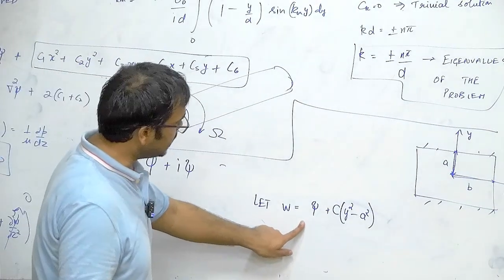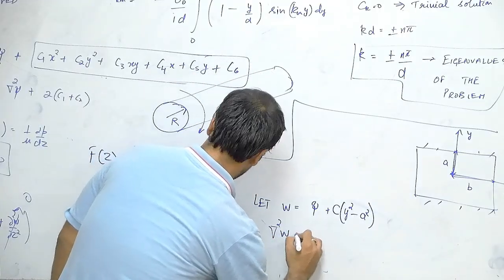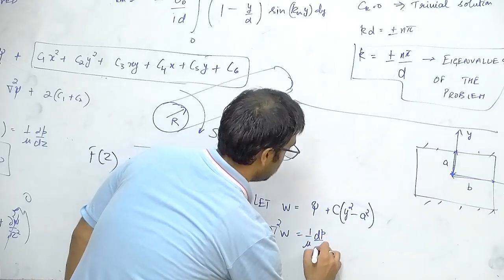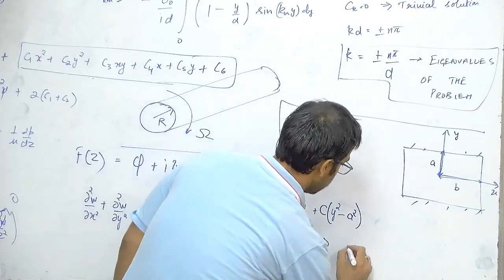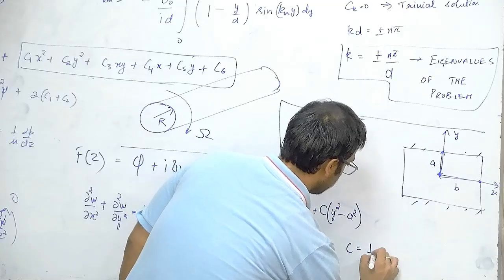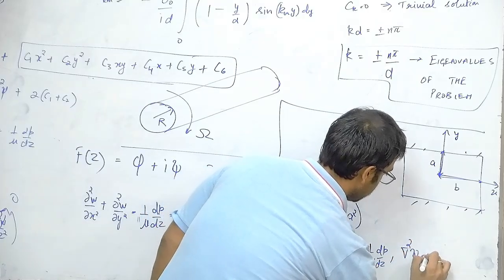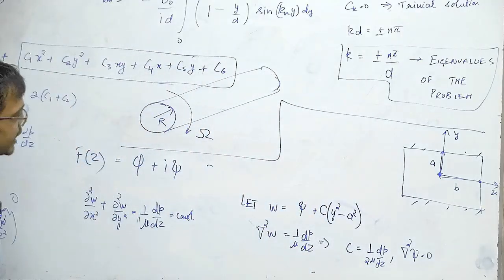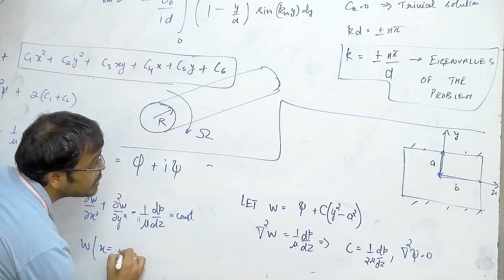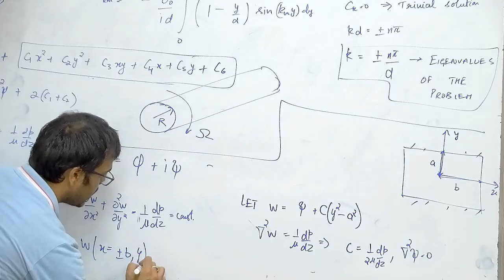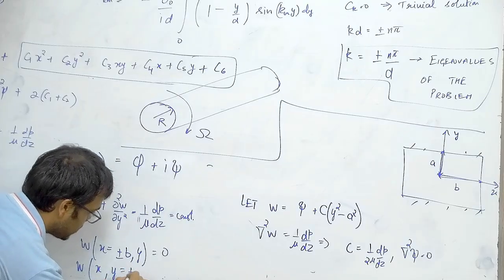So W is this, and if del square W has to be equal to 1 by mu dp dz, then we say that C is equal to 1 by 2 mu dp dz, and del square psi is 0 with the boundary conditions. What were the boundary conditions here? W at x equals plus minus b for all y is 0, and W at y equals plus minus a for all x is 0.